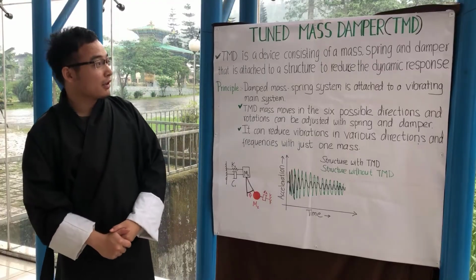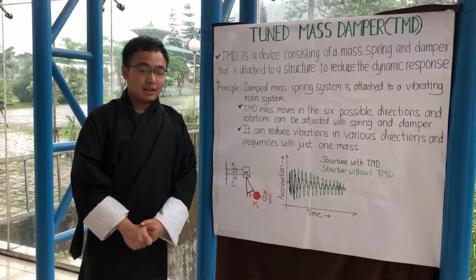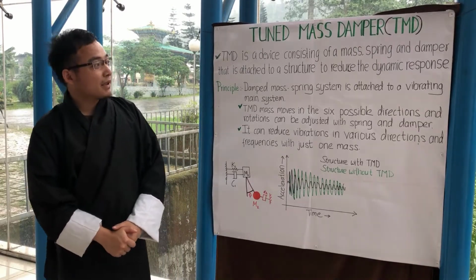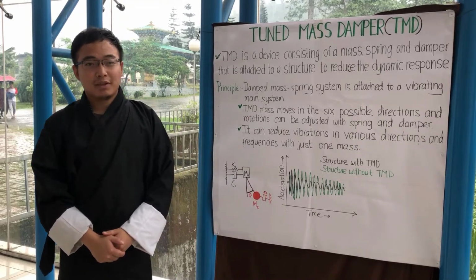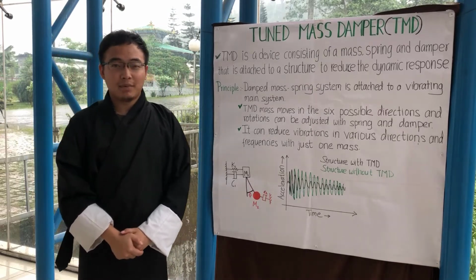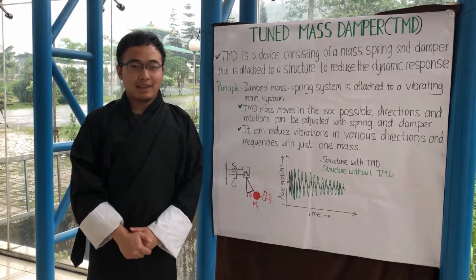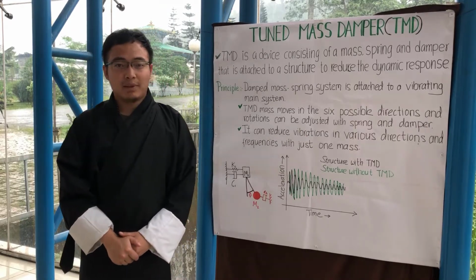Now that we have shown how a tuned mass damper works, what exactly is a tuned mass damper? A tuned mass damper is a device with a spring, mass and damper which is attached to a vibrating structure to reduce the dynamic response. There are two main types of tuned mass dampers: horizontal tuned mass dampers and vertical tuned mass dampers. Our model is a horizontal tuned mass damper.